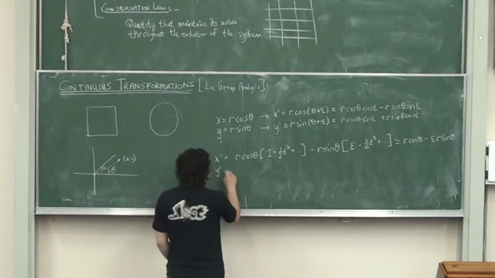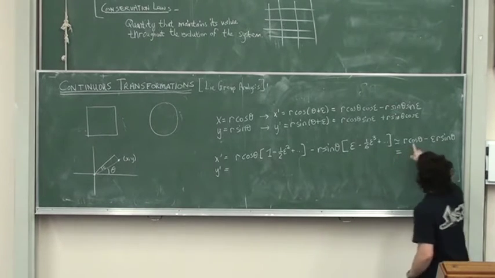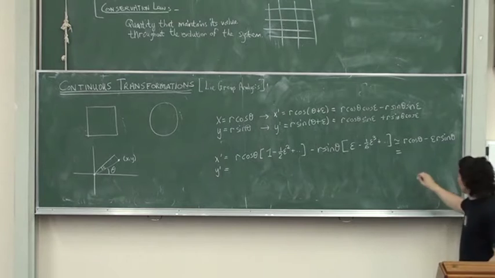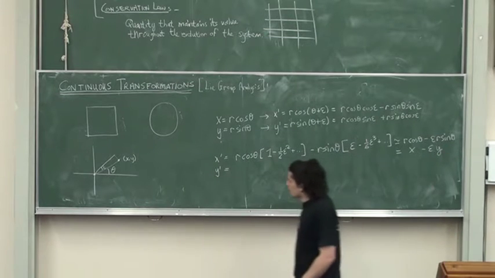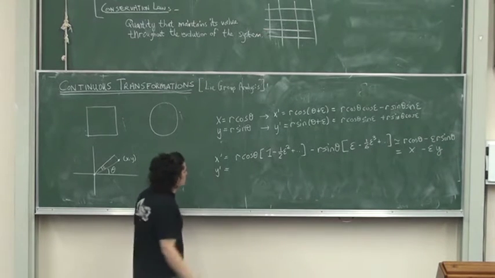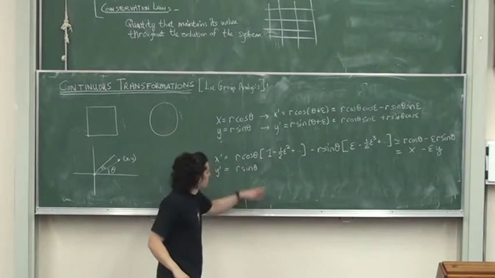Y prime. Oh, by the way, what's this equal to? What's r cos theta? What's r sin theta? Okay. So this one is r sin theta, and now I'm not going to bother with the whole tail expansion.